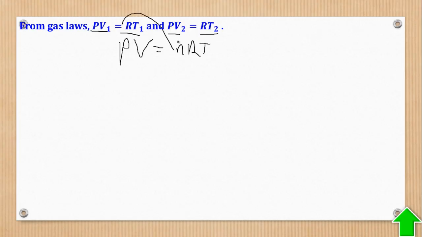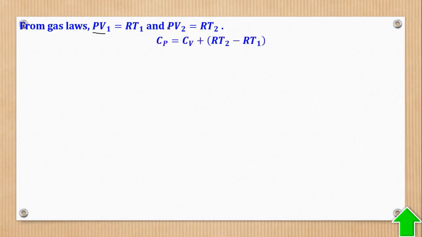Why? Because we have already said that n is equal to 1 mole, so 1 times RT remains RT. That's why you're not seeing n here. Otherwise, the ideal gas formula would be PV equal to nRT. So now we substitute for PV1 and PV2 to come up with this.